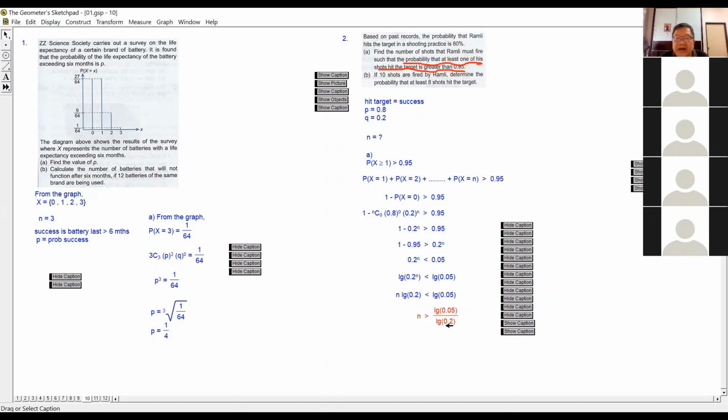When you divide by a negative number or multiply with a negative number, you have to change the inequality sign. But you don't have to worry, because the top one is also a negative number. A negative number divided by a negative number, your answer is positive. You try and see. Log 0.05 divided by log 0.2. What is the answer? Use your calculator and calculate. You either type in the chat or you just tell me the answer.